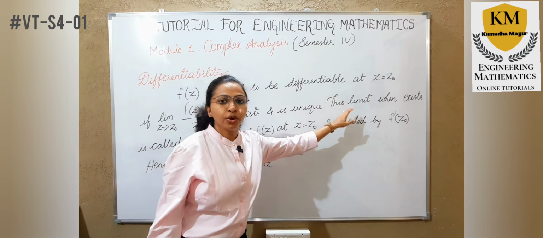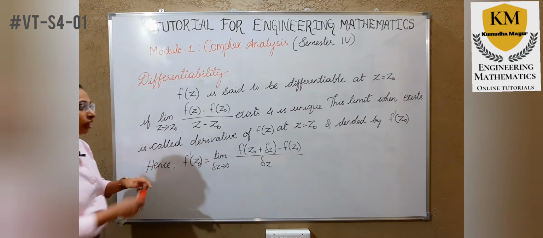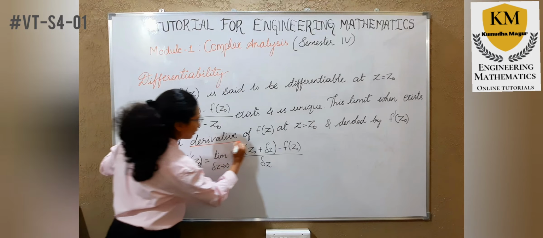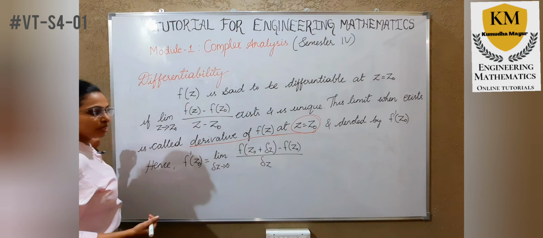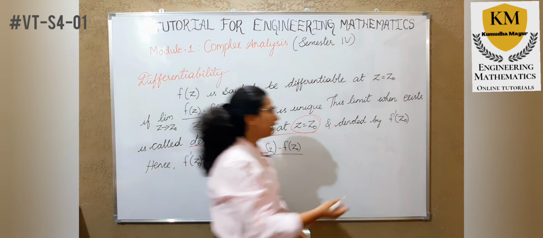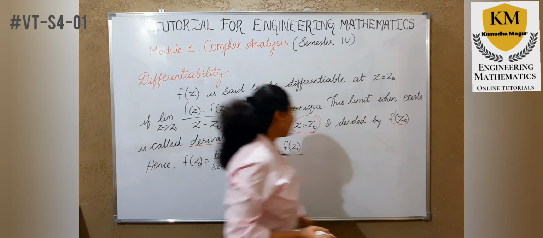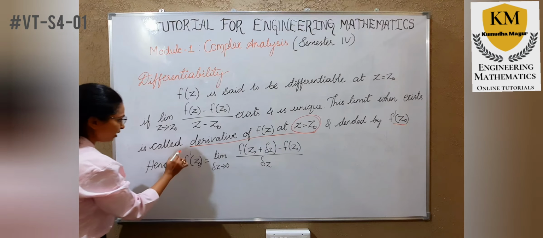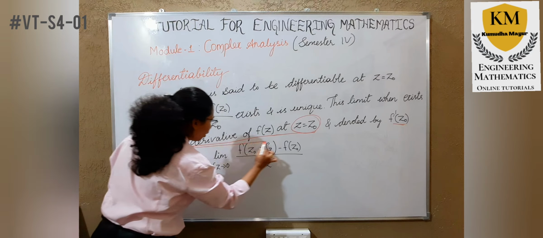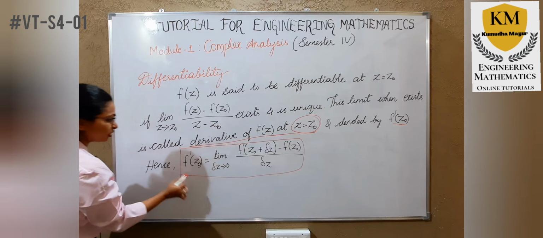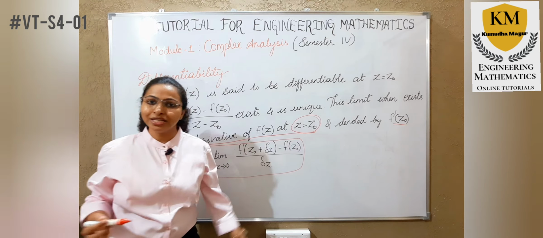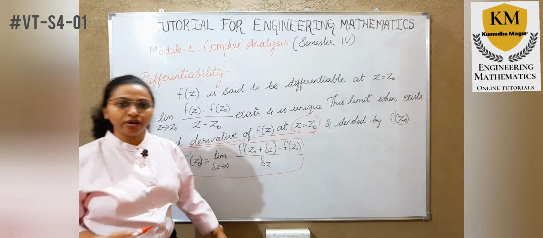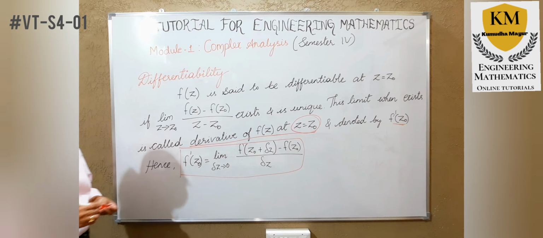The limit, when it exists, is called the derivative of f of z at z equal to z0, and it is denoted by f dash of z0. Hence we can say that f dash of z0 is equal to the limit del z tends to 0 of f of z0 plus del z minus f of z0 divided by del z.